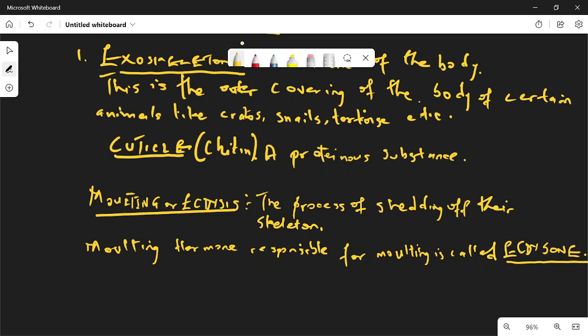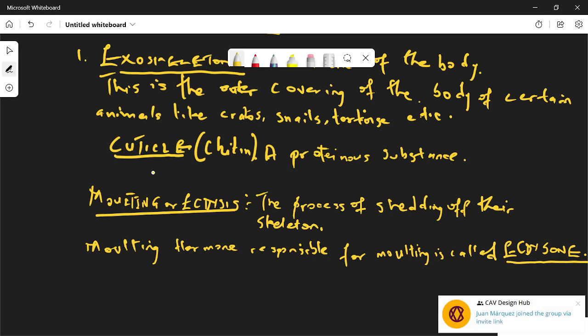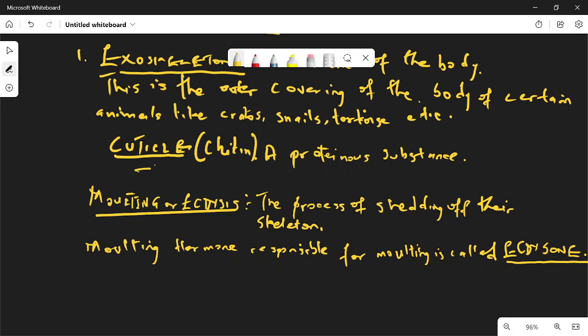Quickly, let me say this. The chitin is rich in minerals like phosphates and carbonates of calcium.